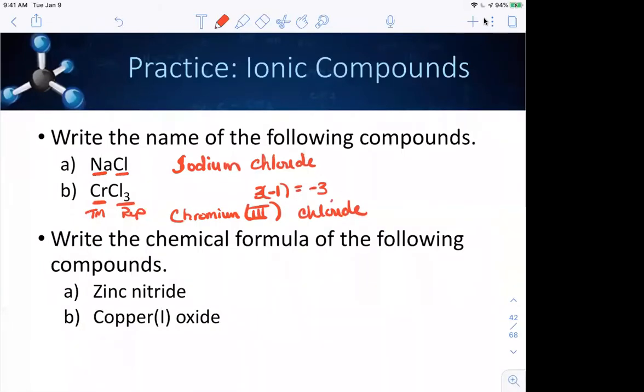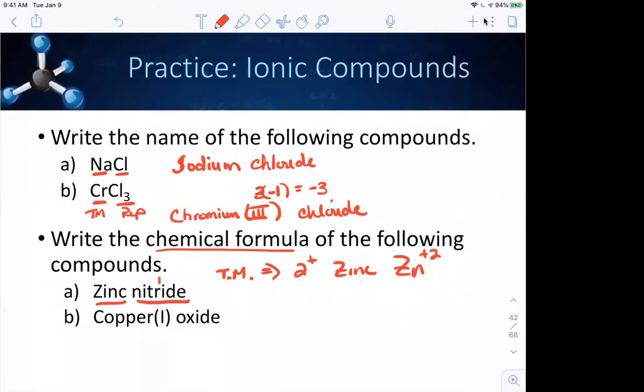Now, what if I had to write the chemical formula? Zinc nitride. Zinc is a transition metal, but it always forms a 2+. So zinc always forms a +2.